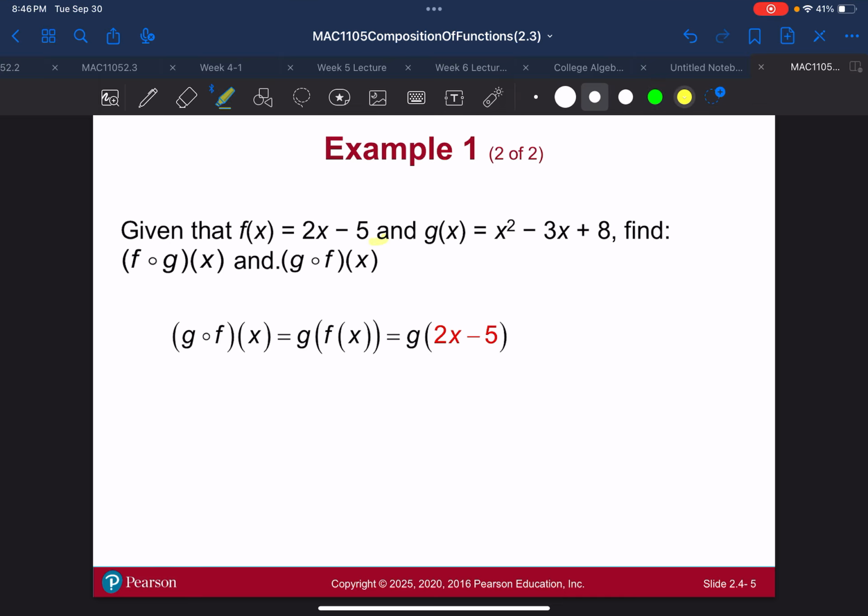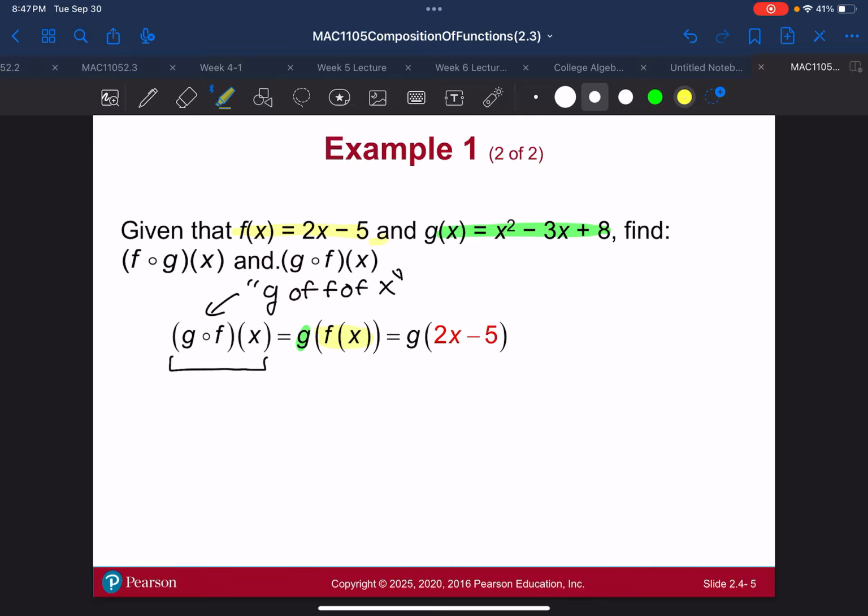So again, we have f of x equal to 2x minus 5 and g of x equal to x squared minus 3x plus 8. So now this is the composition of g and f, or I would read this as g of f of x. And so this is going to tell me to take f of x and plug it in to the function g everywhere I see an x.